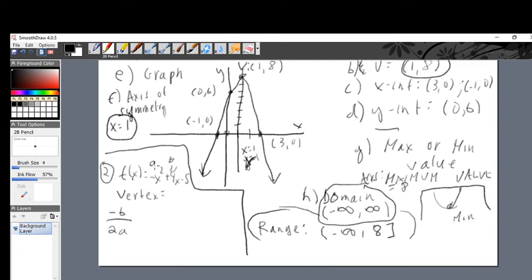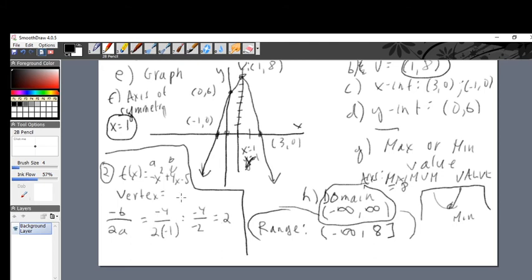Here's my a, and that's my c, but I don't need it. 4 is b, so it's minus 4 over 2 times a. a is the coefficient of x squared, which is negative 1. So I get negative 4 over negative 2, equals positive 2.